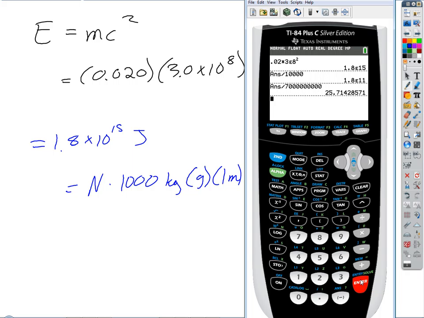Via a nuclear reaction, it converts some small percentage of the mass of the uranium or plutonium into energy, and most of it goes through a decay process and turns into some other element. A very, very small percentage is converted into energy, and look what you get.